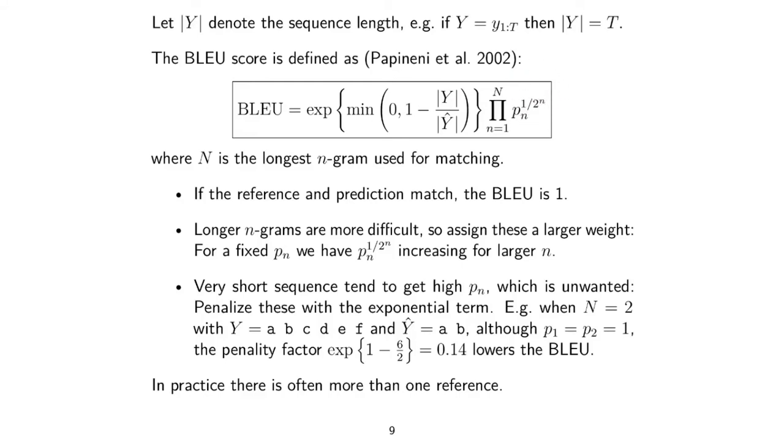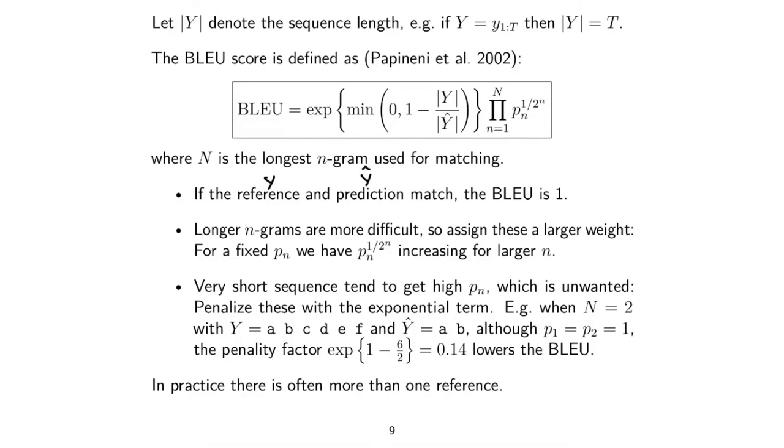And then the lengths will be the same, so you've got 1 minus 1, 0. So you're taking the exponential of 0, which is 1. 1 times 1 is 1. Okay, cool. That's great. 1 mathematics. So if the reference y and the prediction y hat match exactly, then my BLEU is 1.